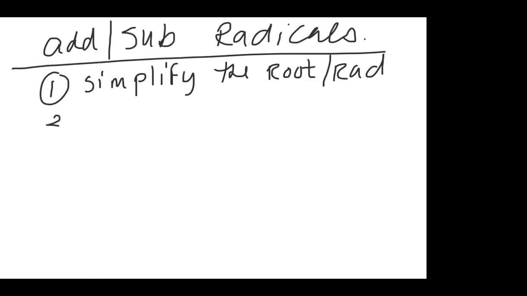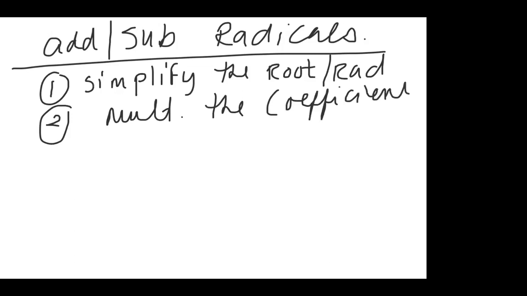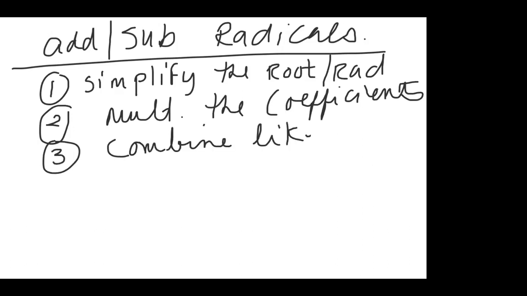Number 2, you want to multiply the coefficients together. You know, that's like what I was just talking about, where you have a number in front of the radical, so multiply the coefficients together. And then number 3, you want to combine like terms. Combine the like terms.